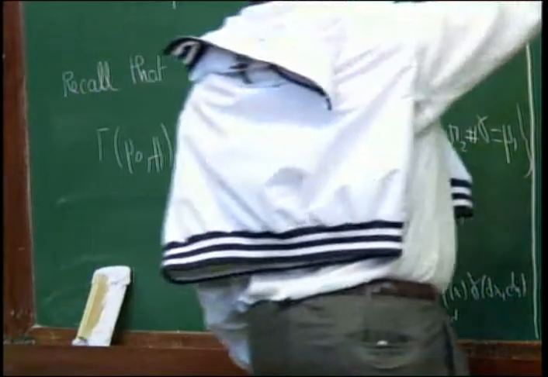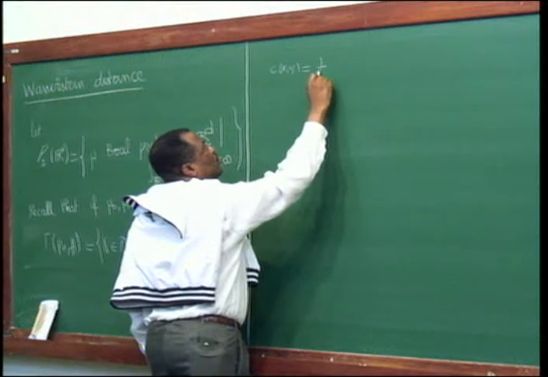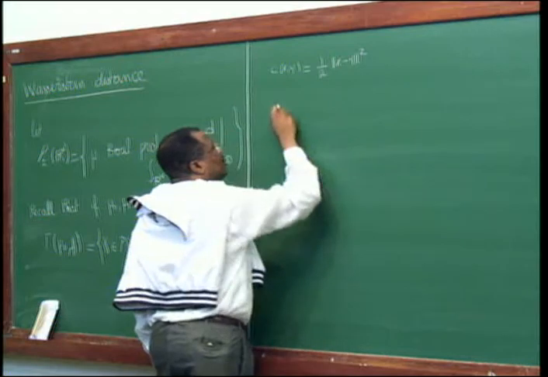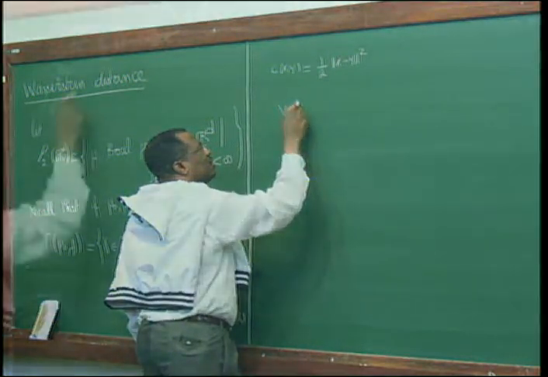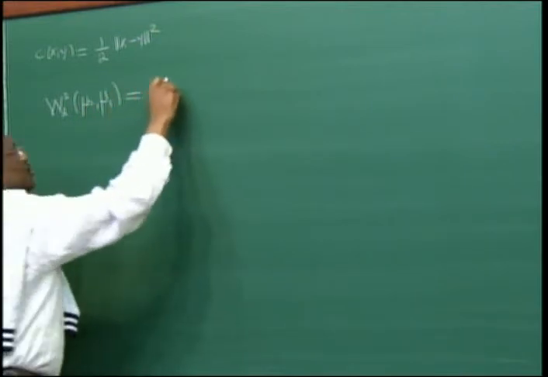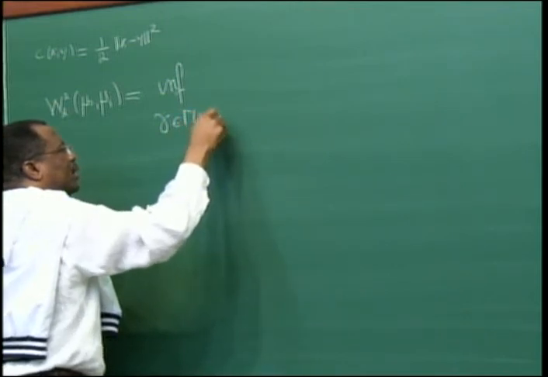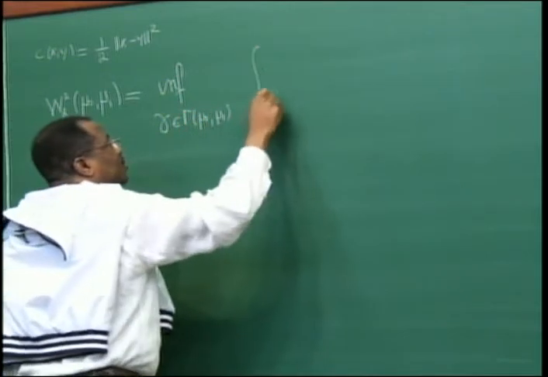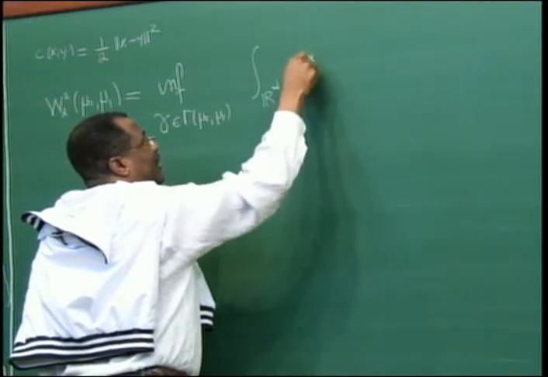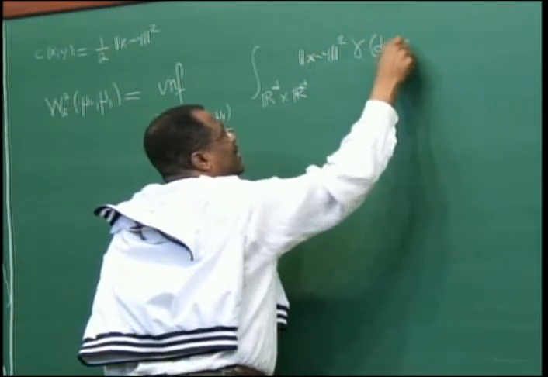So take c(x,y) to be 1/2 |x minus y| squared. The Wasserstein distance between mu naught and mu 1 is the infimum, over gamma having mu naught and mu 1 as marginals, of the integral over R^d cross R^d of |x minus y| squared, gamma dx dy.